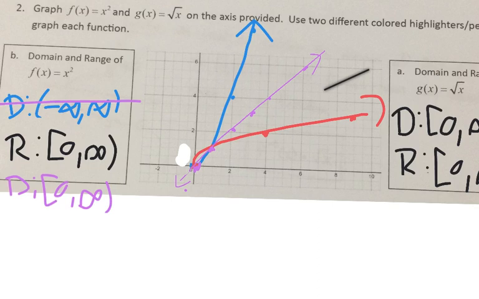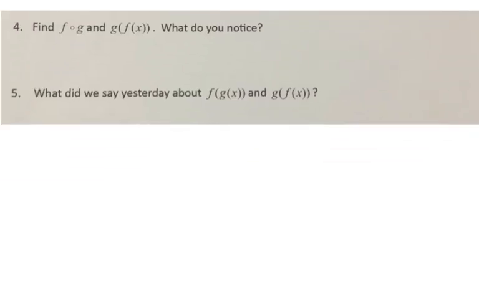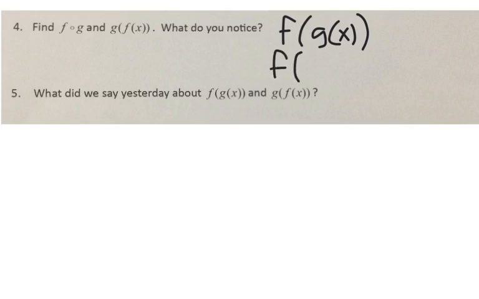Let's look at 4. It says let's build a composition function in both directions. So if I did f of g of x, that means I'm going to be doing f of, and this time g of x is radical x.